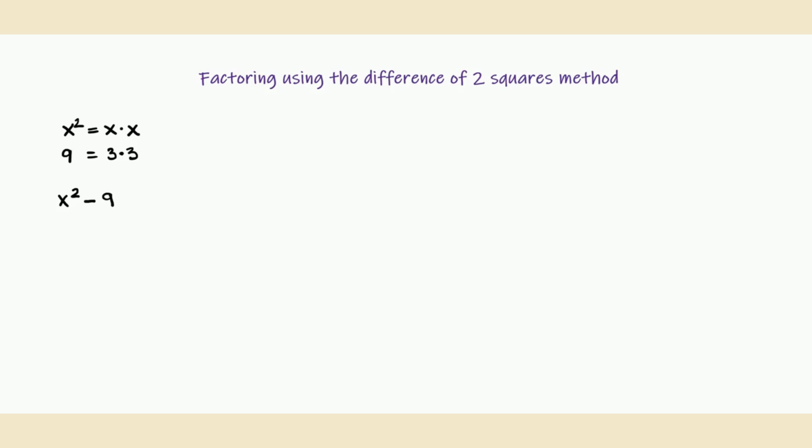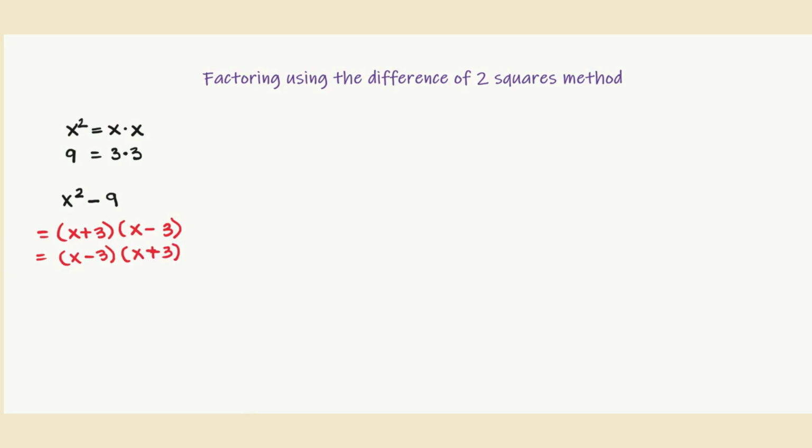And the answer is simply x plus 3 times x minus 3. And that's it. Now, of course, you can write this as x minus 3 times x plus 3. It doesn't quite matter what order you put it in, just as long as one has a plus sign and one has a minus sign, you are done.